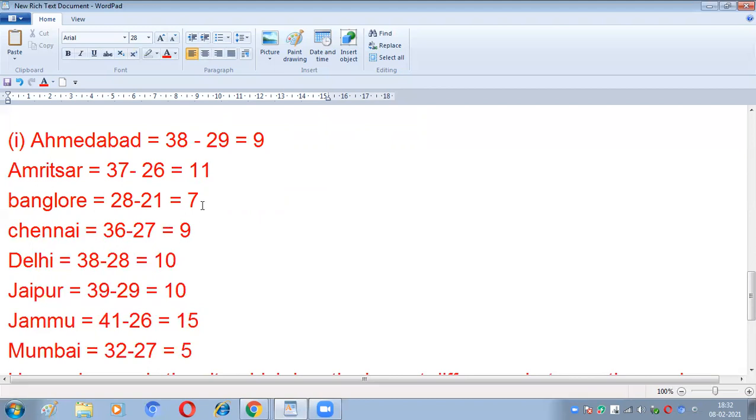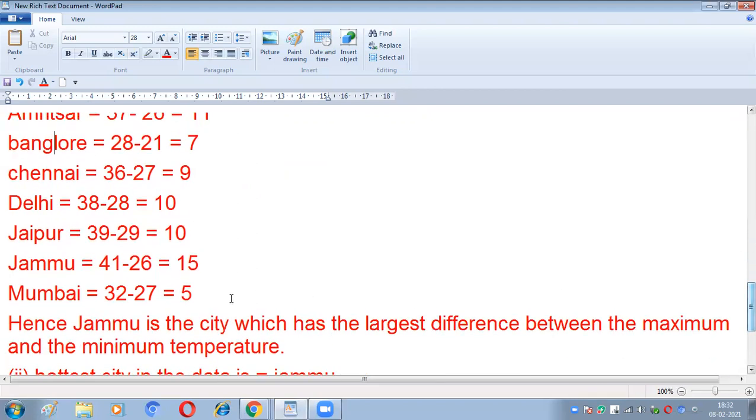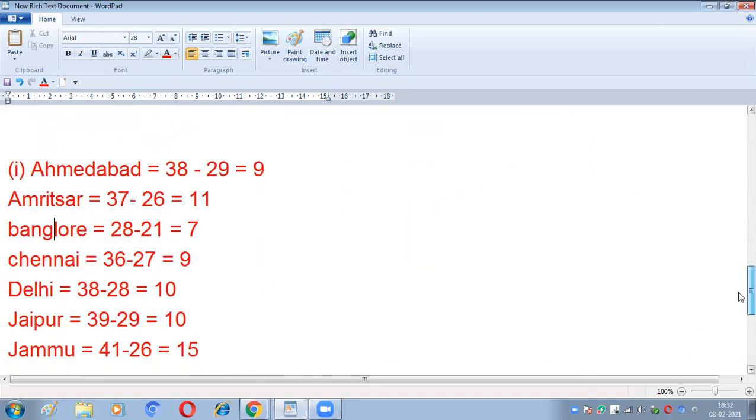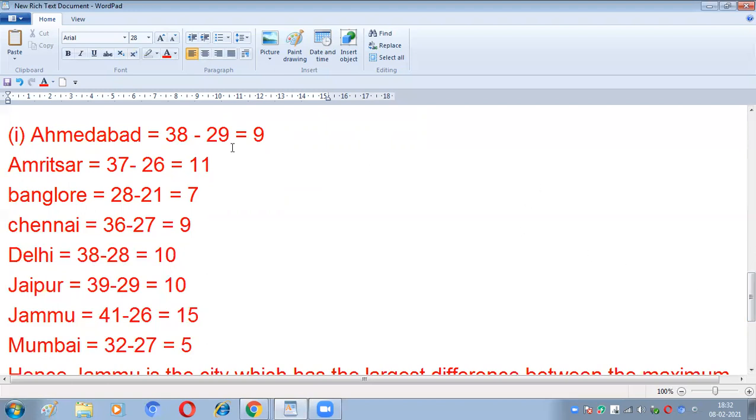Chennai is having 9 degrees Celsius. Delhi is having 10 degrees Celsius. Jaipur is having 10 degrees Celsius. And Jammu is having 15 degrees Celsius. And Mumbai is having the least one, 5 degrees Celsius, because 5 is the smallest number here.